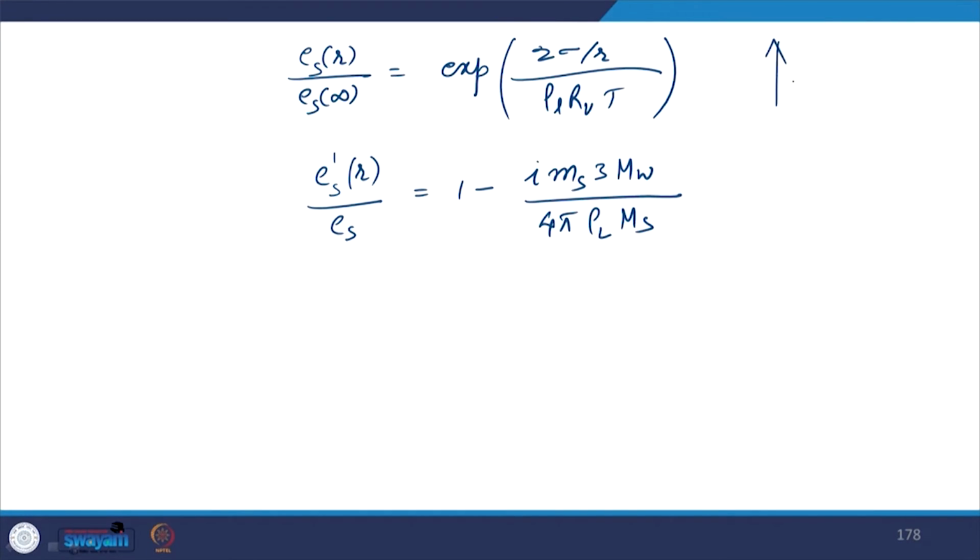The curvature term is increasing the saturation vapor pressure, and the solute term is decreasing the saturation vapor pressure.